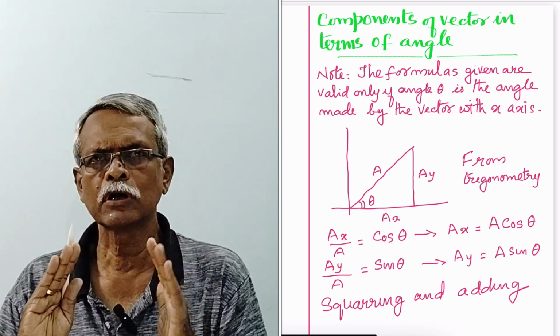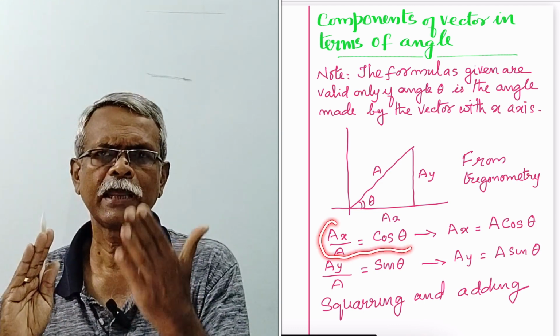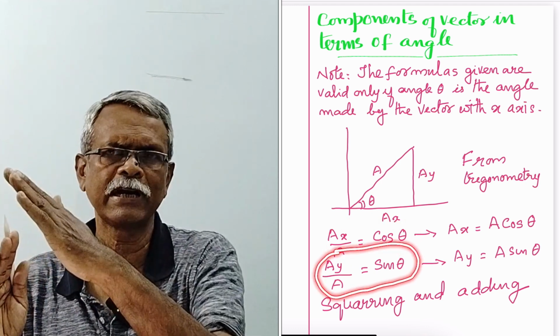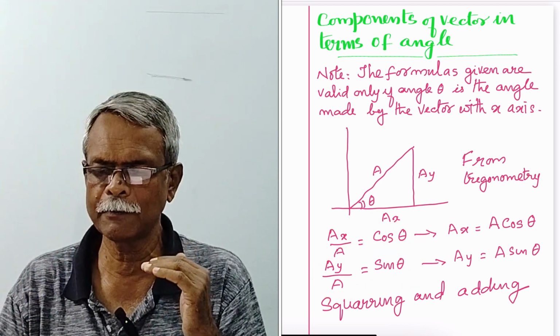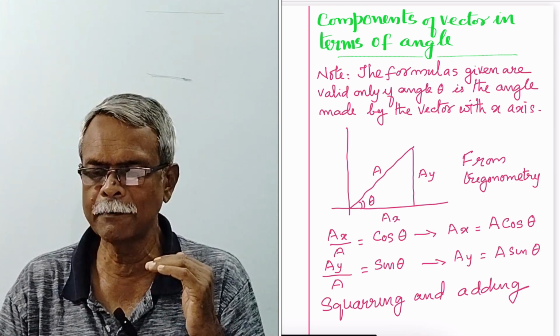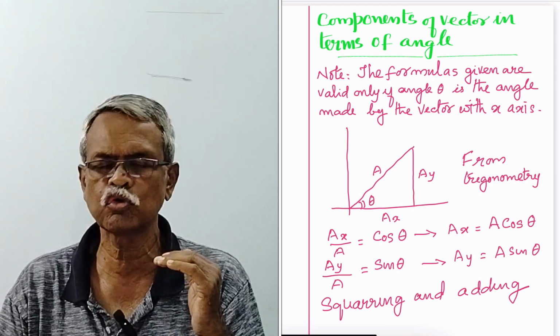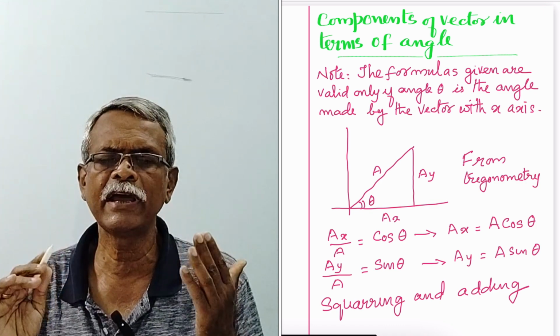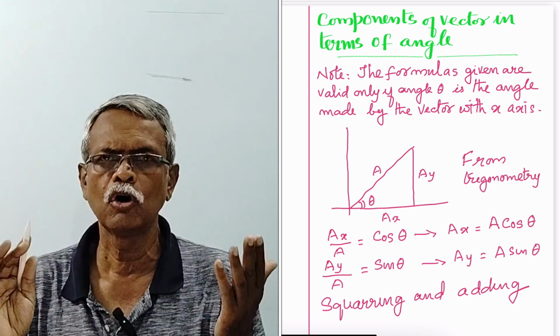So, the components of the vector can be written using the magnitude of the vector a. This is the magnitude of the vector, and cosine theta is the angle, so ax and ay are two numbers that can be obtained.